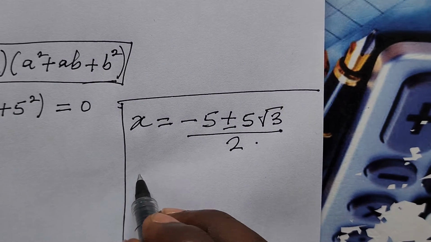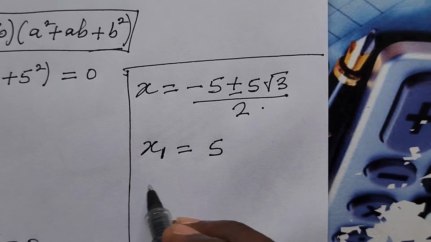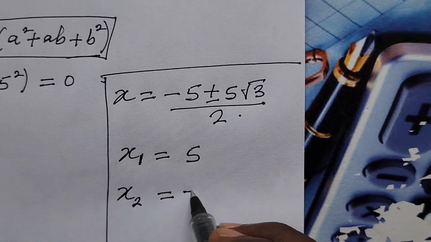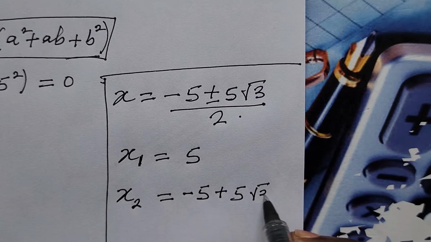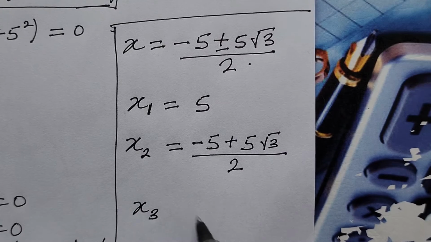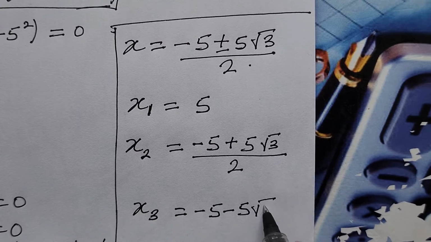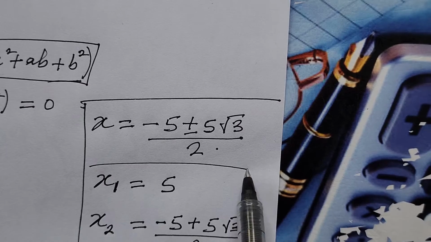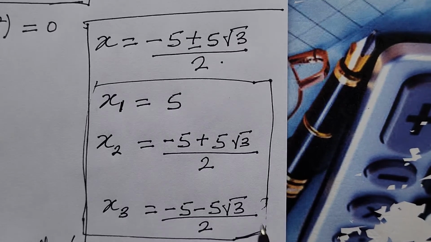We can now say here x1 is equal to 5, x2 is equal to minus 5 plus 5 root 3 all over 2, and x3 is equal to minus 5 minus 5 root 3 all over 2. Okay, so these are the three roots to this wonderful algebraic equation.